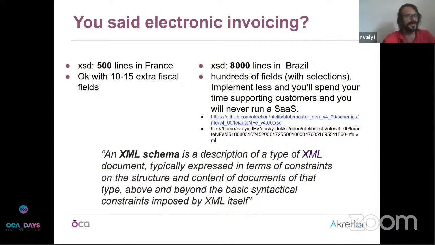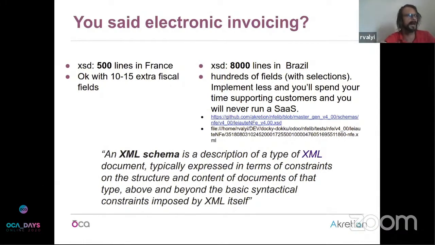Inside Odoo, you have fields, for instance, for the name of the partner, the address of the partner, the VAT number of the partner, the quantity of the product line, the price. You already have quite a lot of Odoo fields. Of course, you will put that inside your electronic invoice.